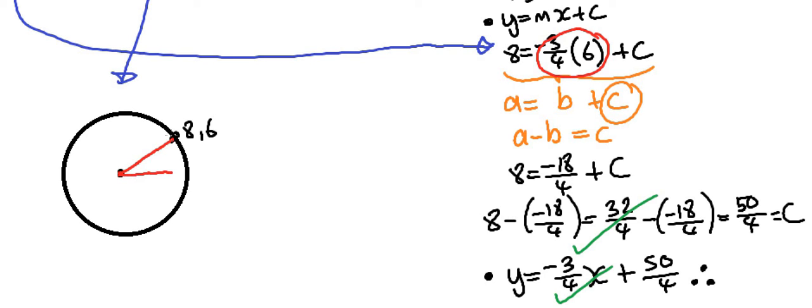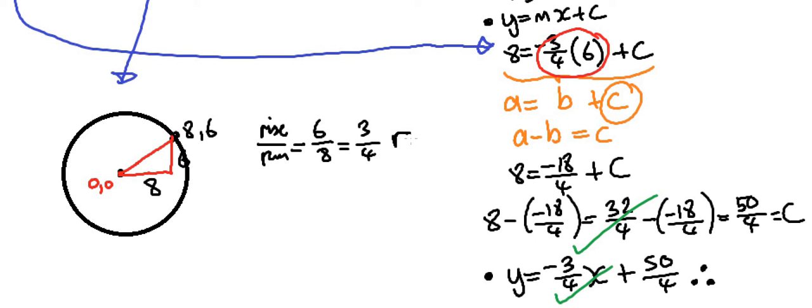I'm going to draw a triangle. My center is 0, 0. So my gradient is rise over run. It goes up by 6 and it goes across by 8. So that's 6 over 8, which is 3 over 4.